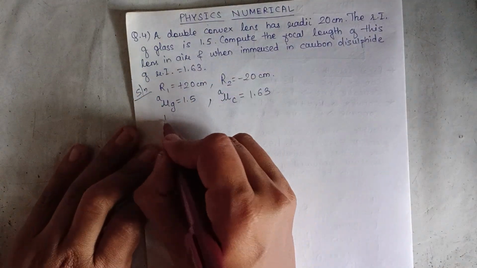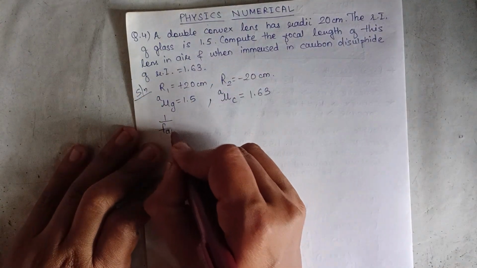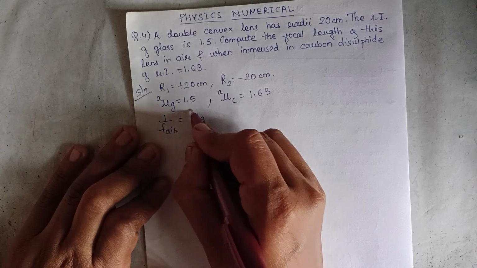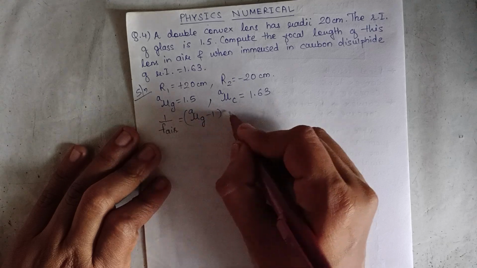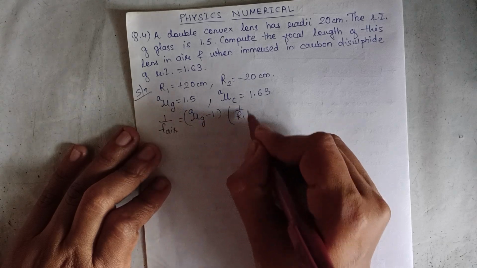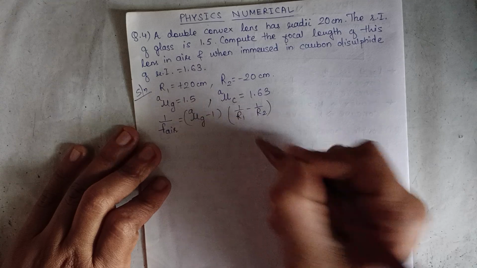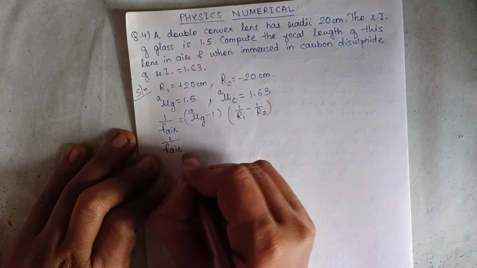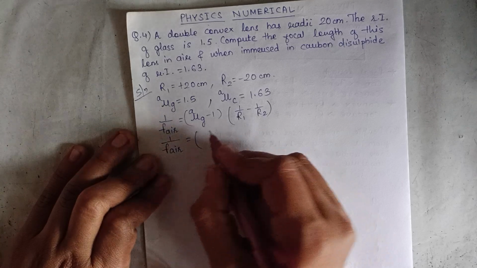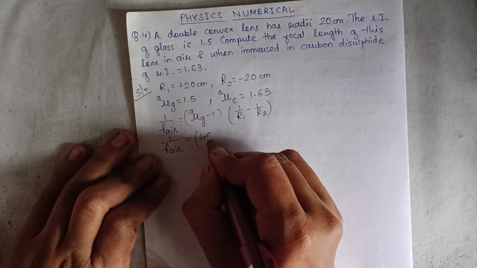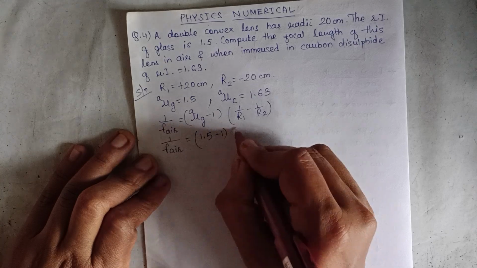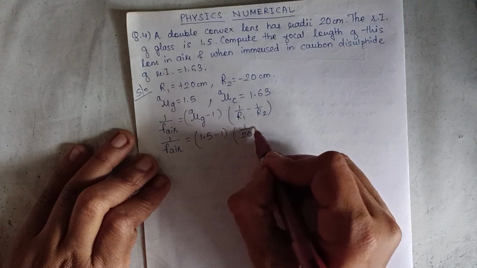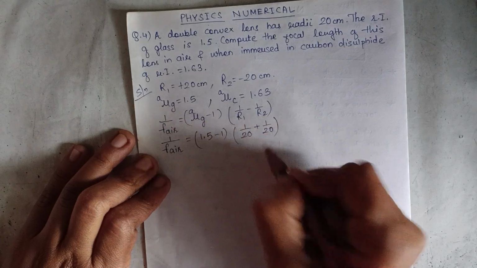So first we'll find the focal length in air. 1 upon f equals (1.5 minus 1) into 1 upon R1 minus 1 upon R2. 1 upon 20, so minus of minus 20, so plus 20.